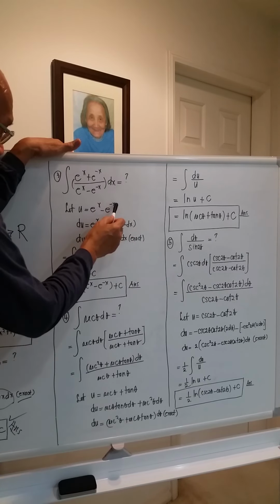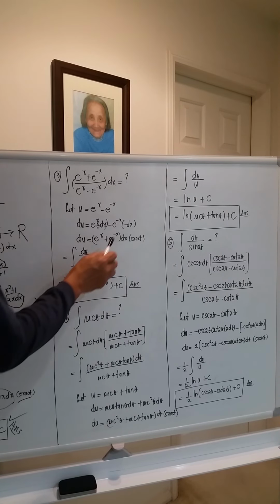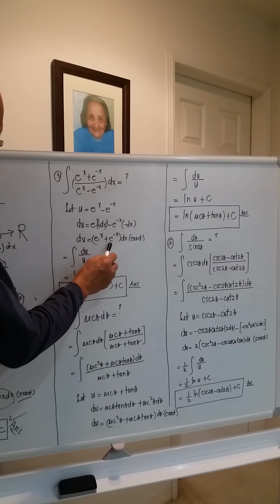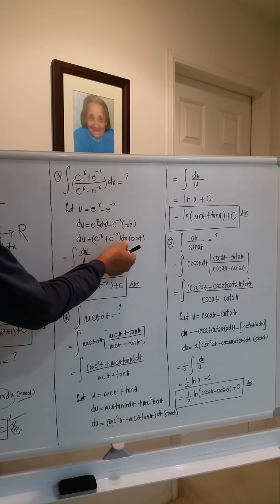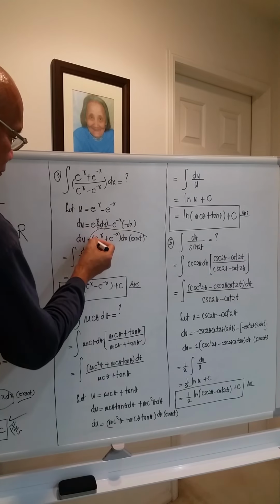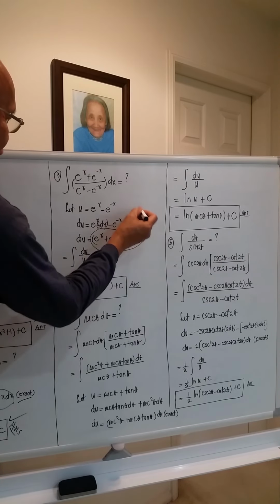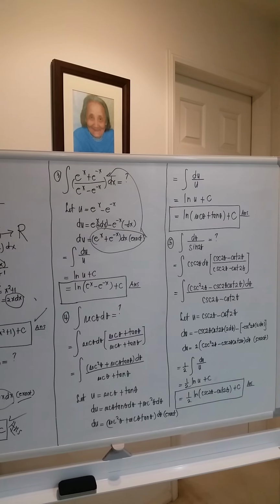It is minus because this is minus. So e to the x will now become plus e to the minus x, times dx. It is exact, same as this. Right?